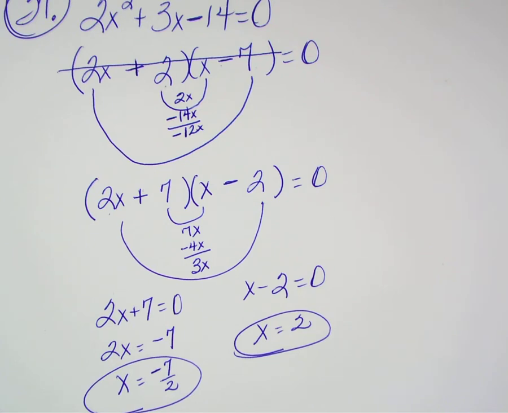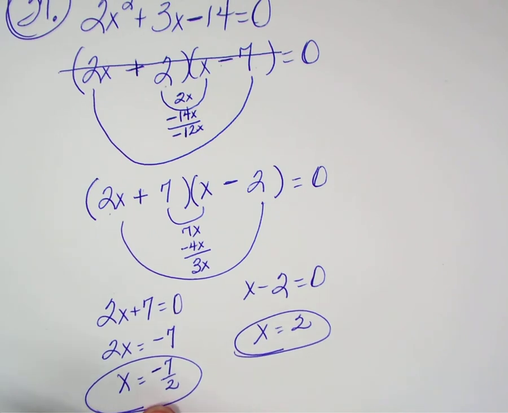Anybody have a question about that one? Do you have to divide when you got the negative 7 over 2? You divide each side by 2, right? Yes, that's why I took that over and divided with it. Okay. And that's an improper fraction. Leave it an improper fraction.